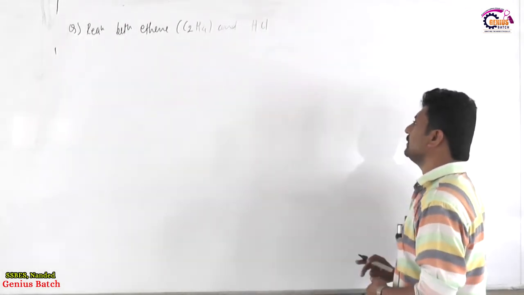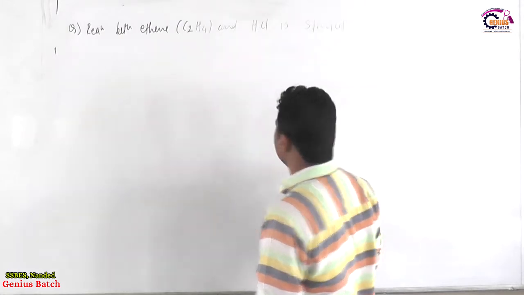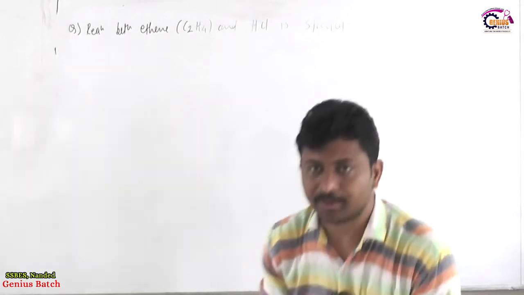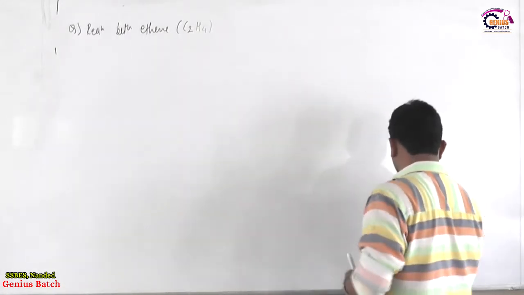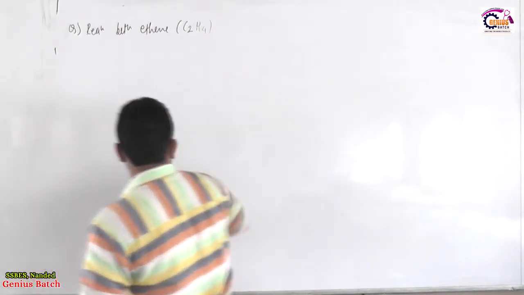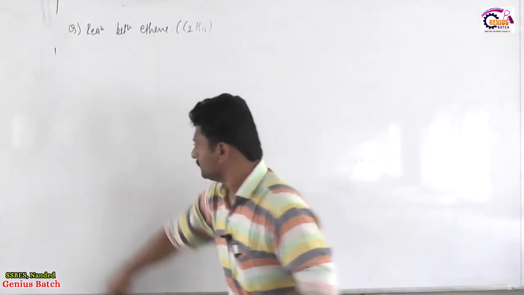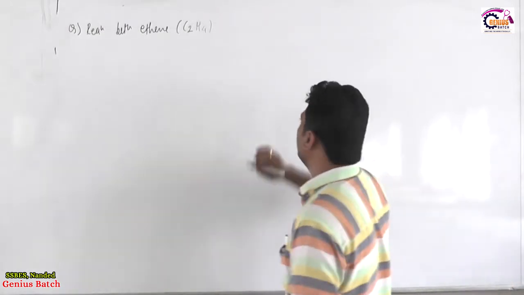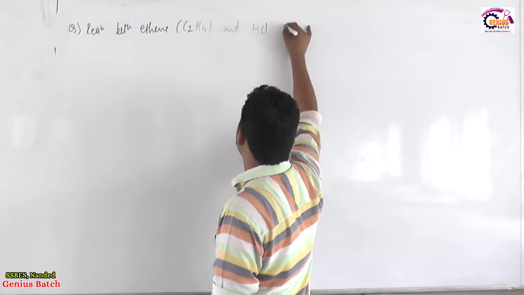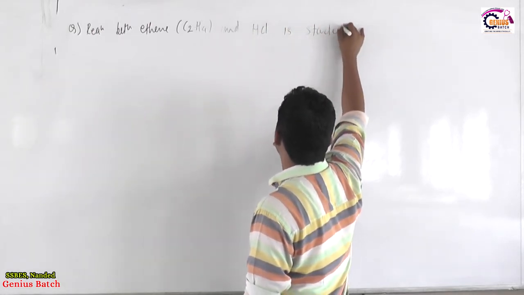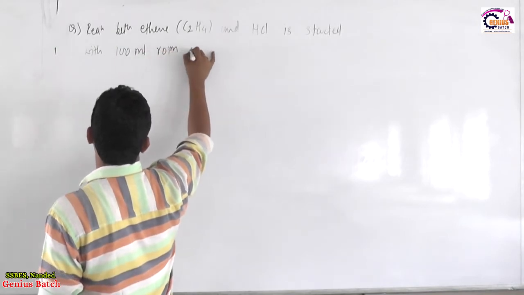The reaction between ethene and HCl is started with 100 ml volume of each.